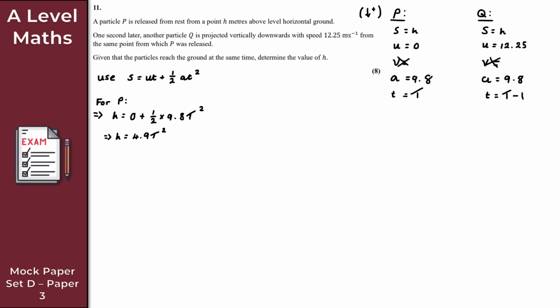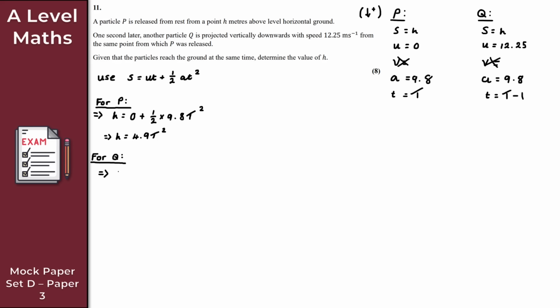Now let's do the same for particle Q. Using the same formula, s is also h here. You might say straight away, can I not just replace it with 4.9 t squared? Yes, we absolutely can, and we're going to do that a little later on. But for now, I'll just keep it as h.